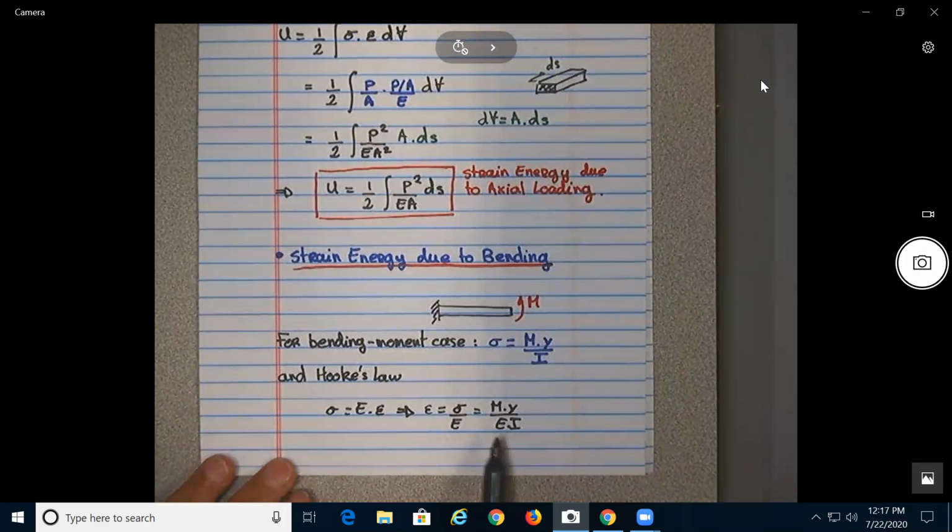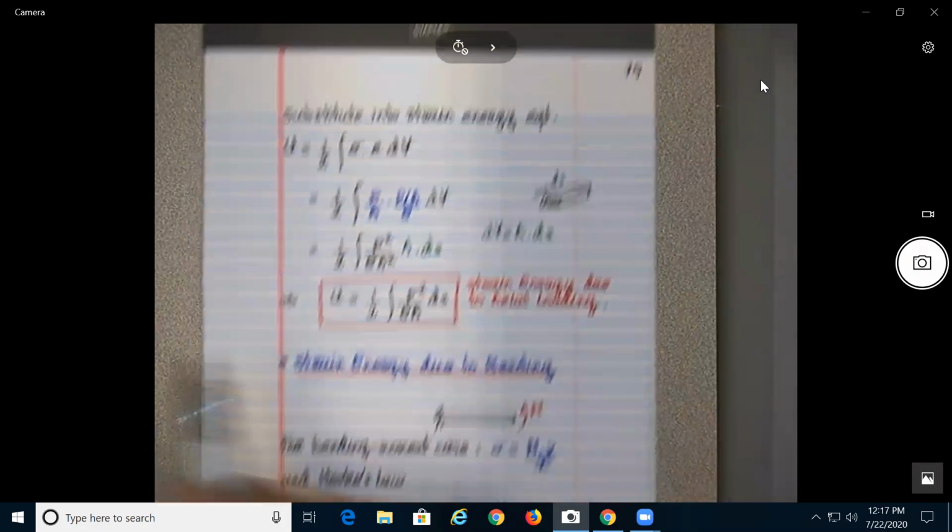Now we're going to substitute into the strain energy relation, the same thing we did at the top.